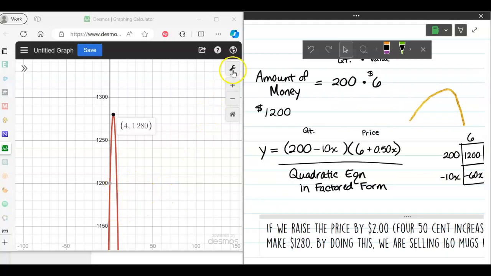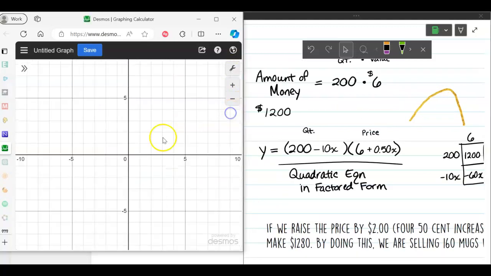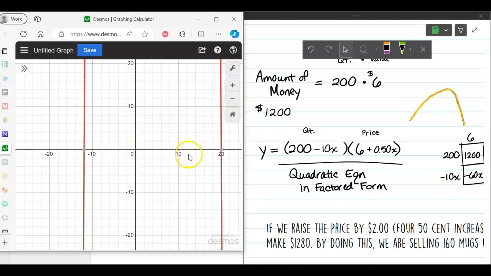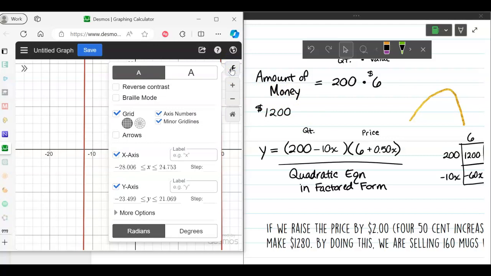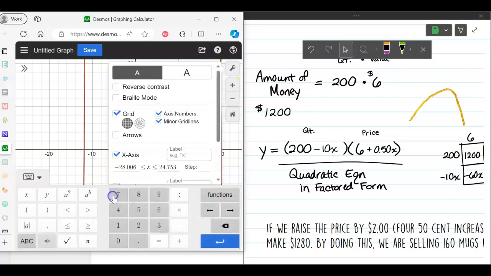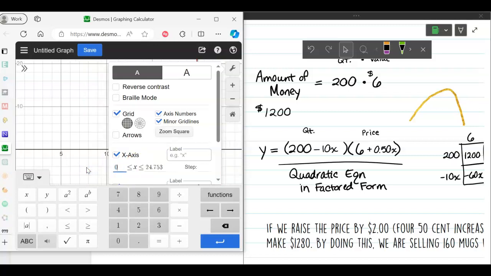Now, one last thing to show you right here, if we go back home and it was hard to see our parabola, one thing you can do is adjust the settings of your window so that you can see it better. I know that my Y value is going to be up somewhere around 1200, just because 200 times 6. So I know it's never going to be less than 0. I'm not going to lose money. And I can make it go up.